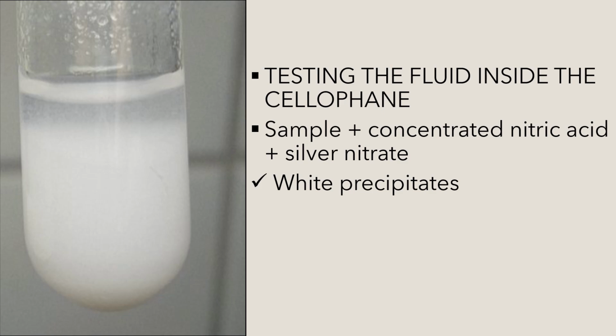We gently mixed, and the expected result here is a production of white precipitates. Production of white precipitates indicates that there is a presence of sodium chloride. And yes, the fluid inside the cellophane contains sodium chloride.